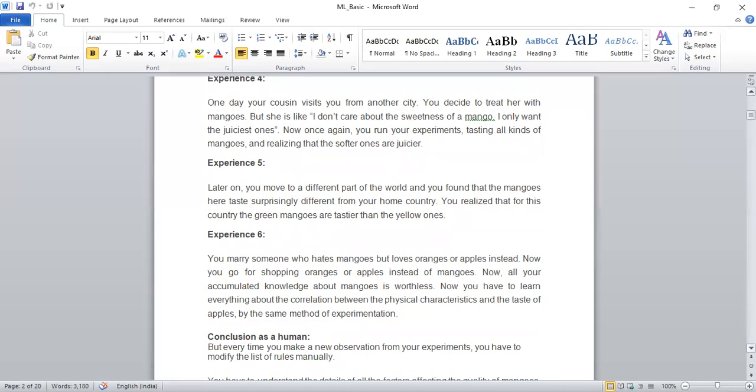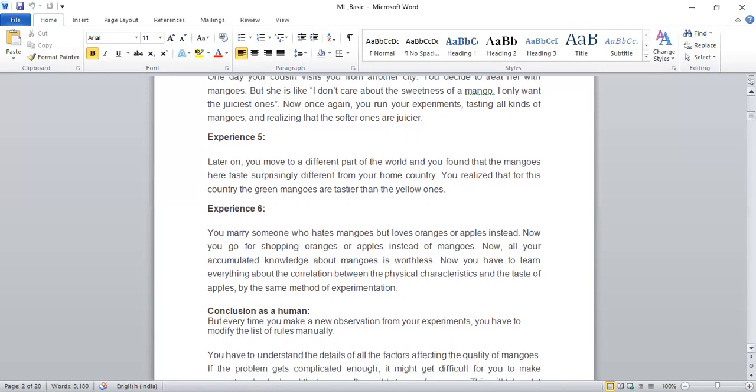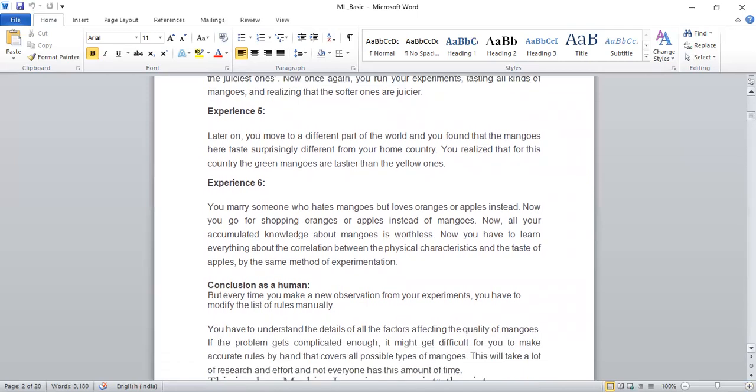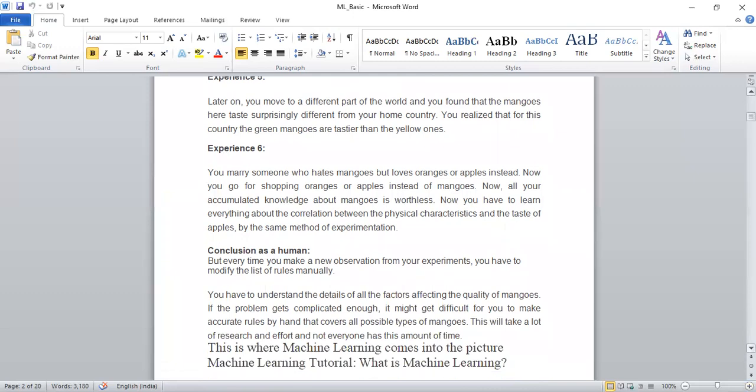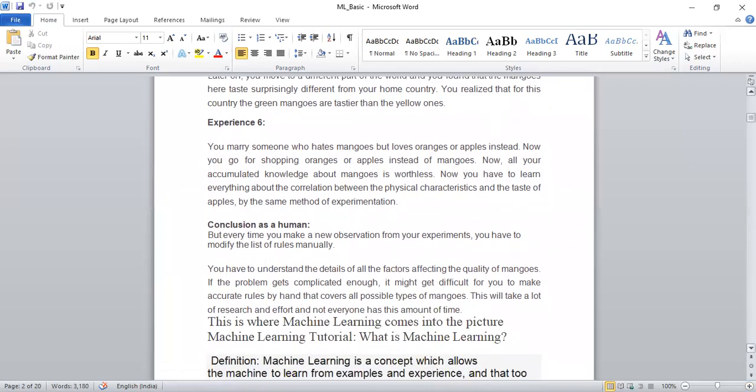This is how you keep in your mind a clear picture of these fruits. So what is the conclusion as a human being? You have experimented with all these fruits to learn what sort of fruits these are, the ripeness, the size, and look for the best mangoes or best apples or best oranges.